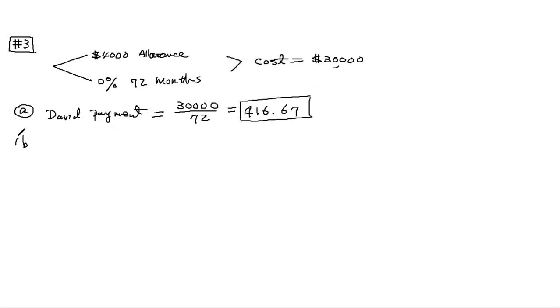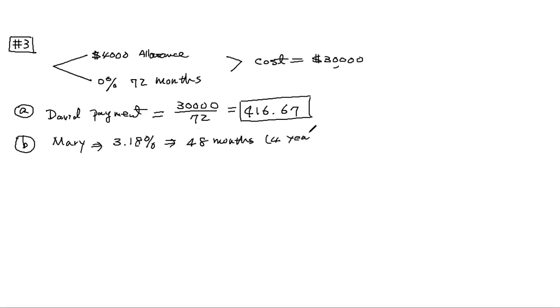Then Mary said, well, I don't want the 0%. So Mary chooses the cashback, and she also gets a car loan at 3.18% for 48 months. That means 4 years.